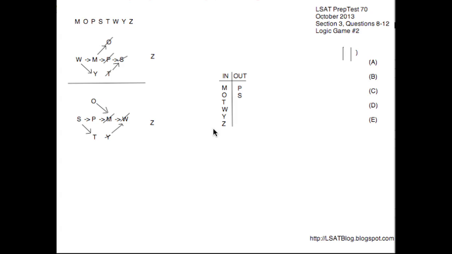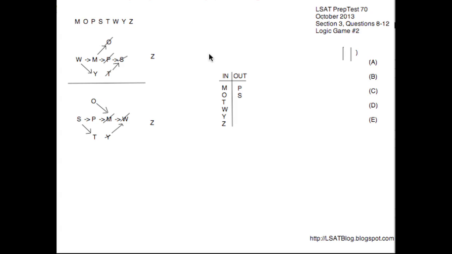So automatically, you can eliminate A, B, and C because they all say that you do not have M. But no choice mentioning M could ever work because if you lose M, you're also going to lose W. And then you would only have 3 variables left.